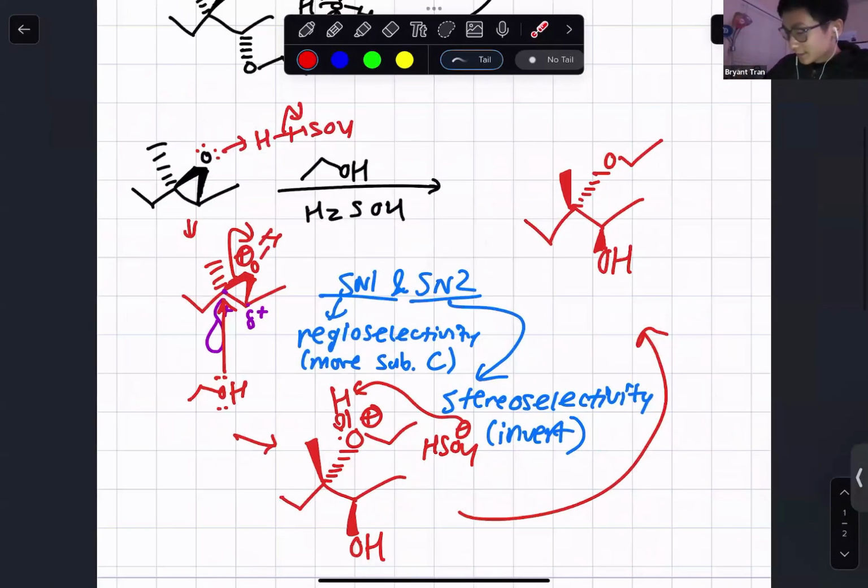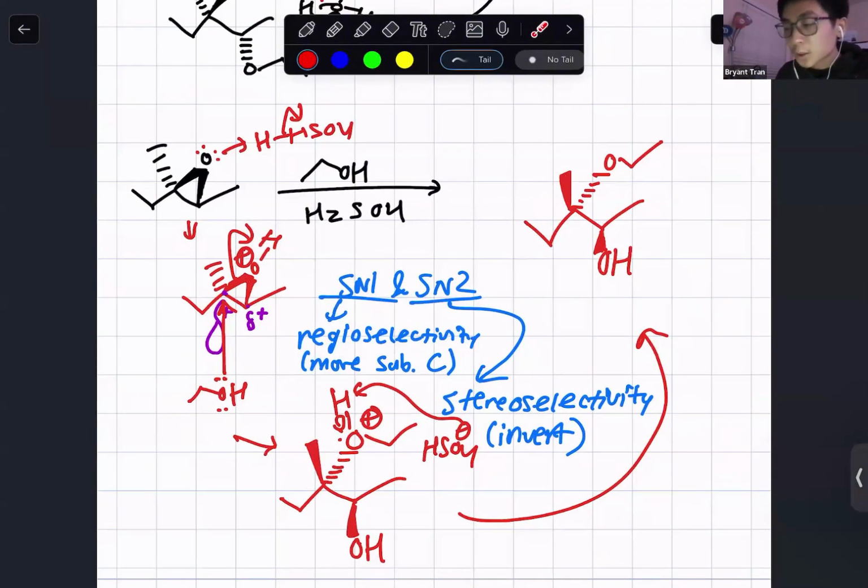Okay. So you can say the same for bromonium ion rings or mercuric ion rings for oxymercuration-demercuration. It doesn't have to be an epoxide.